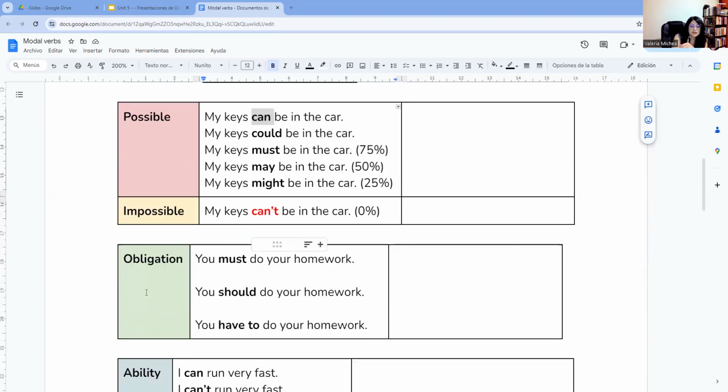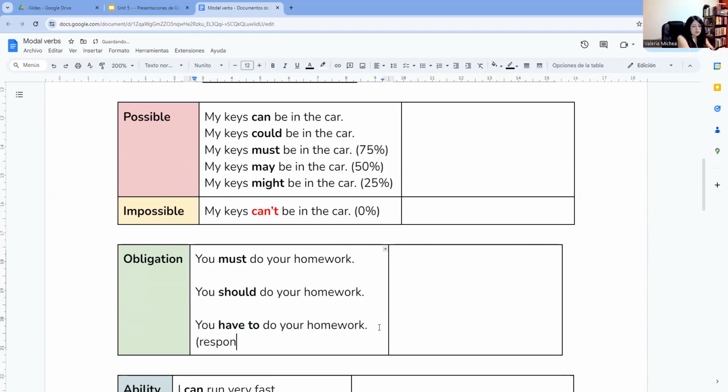So yeah, like we have here, when you say I have to do my homework, it's a very weak obligation. It's like a responsibility. Okay. Yeah, as we mentioned last class, have to refers to more like a responsibility instead of a strong obligation, whereas must is a very strong obligation.